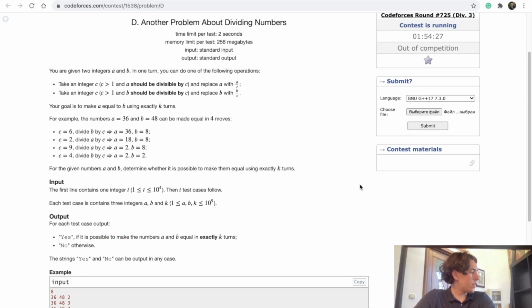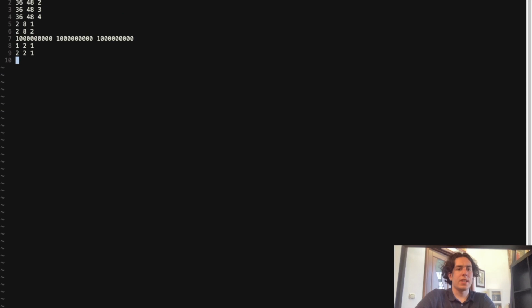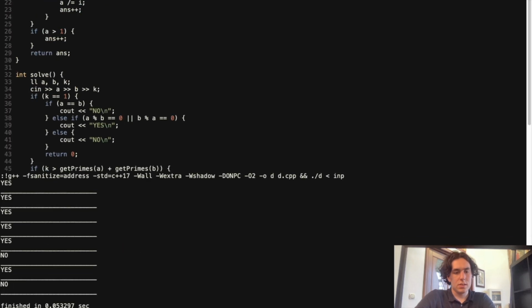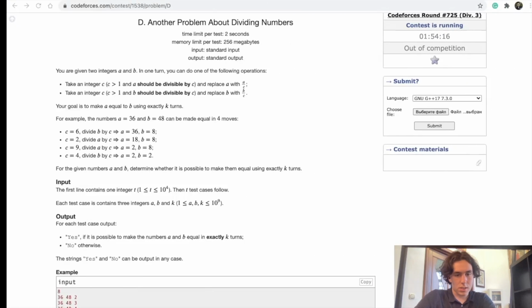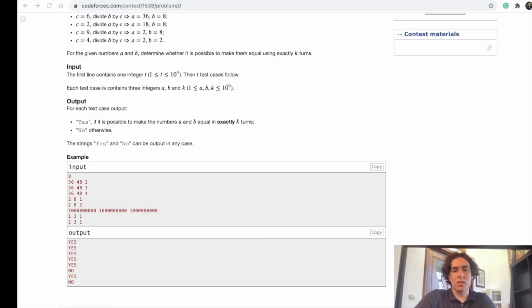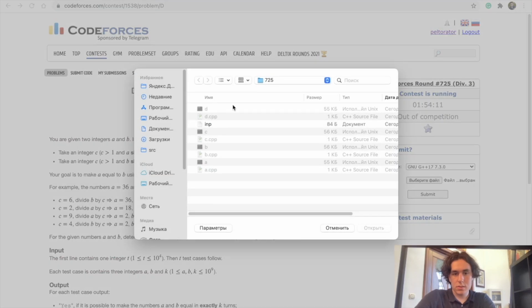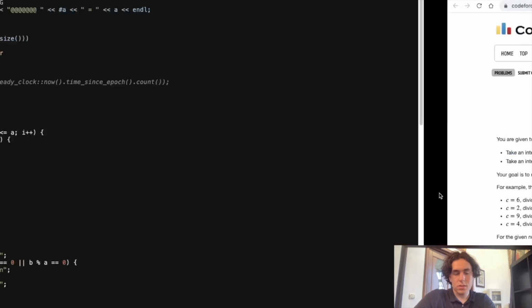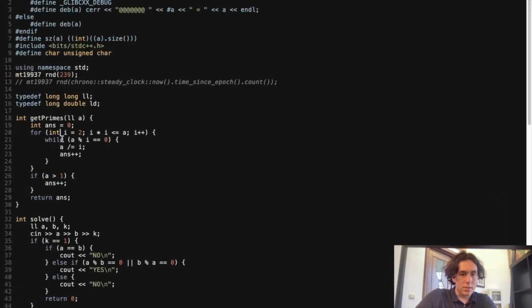Is it fast enough though? I guess it is. Yes, yes, yes, no, yes, no. Okay. Let's make it all integers so that it works faster.